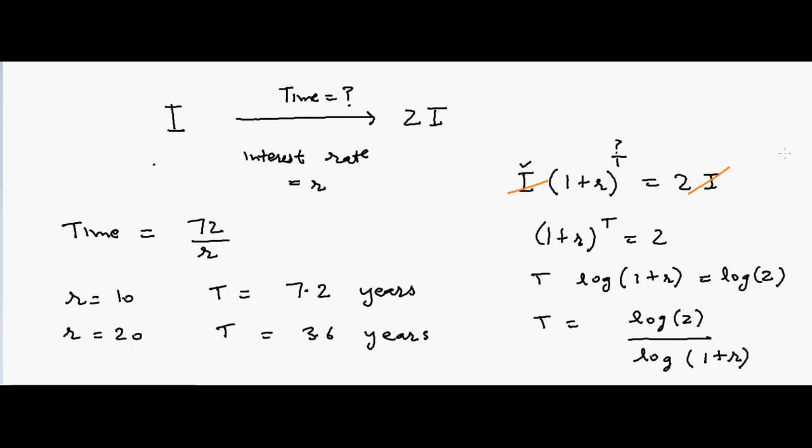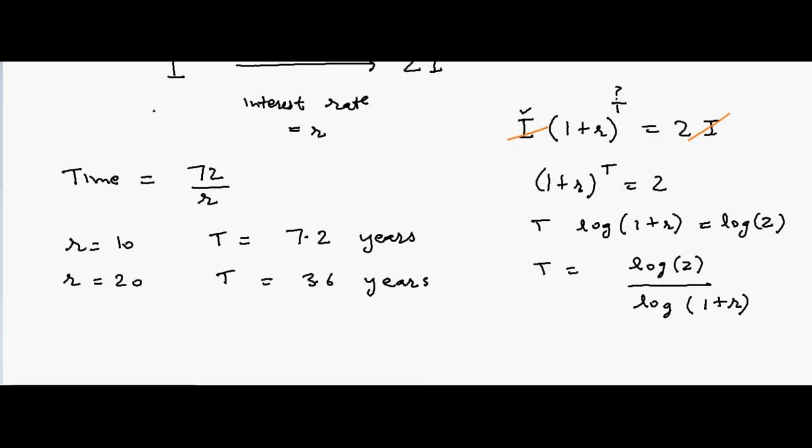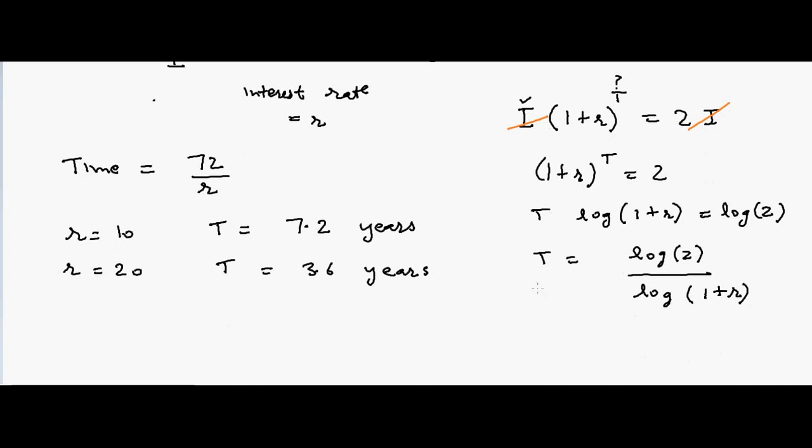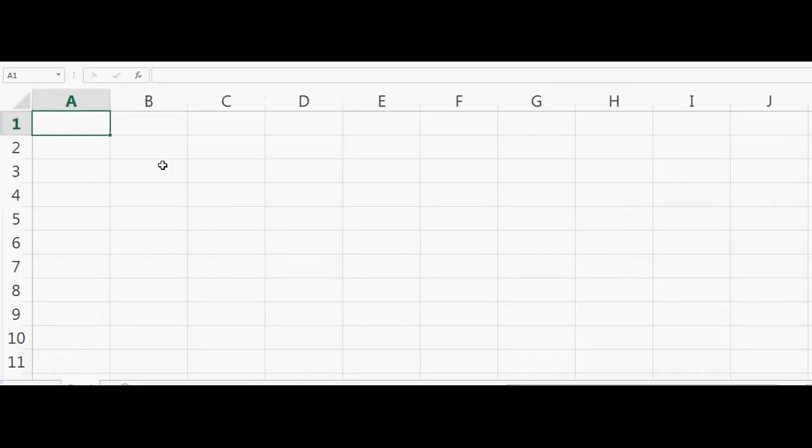Now if I go to Excel and try to solve this equation, suppose we have r, and we start with 2, 3, 4, 5. This is the rate of interest. And then we have time.